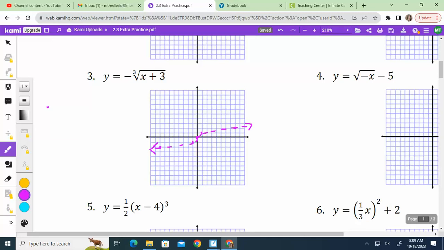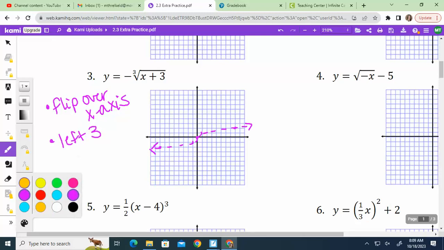What does the negative on the outside do? And the plus 3? Alright, so if I take 0, 0 and I flip it, it doesn't go anywhere. And then left 3. If I take 1, 1 and flip it, it goes to 1, negative 1.